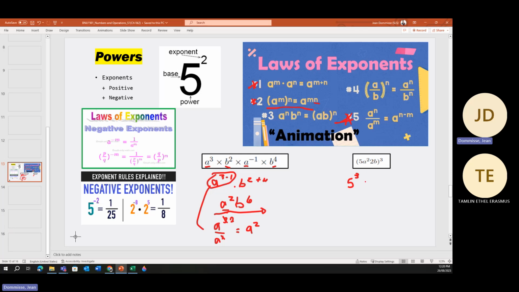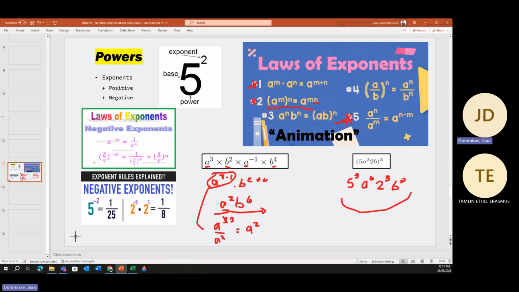So 5 to the power of 3, a 2 times 3 will give you 6. Remember, 2 times 3, then 2 to the power of 3, and b to the power of 3. And then, again, we can simplify the 5 to the power of 3, the 2 to the power of 3 if needed, but that is how we would have calculated it.